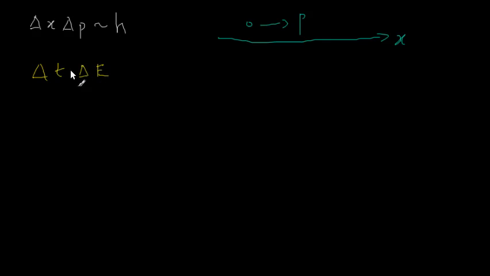So it says that the uncertainty in the time and the uncertainty in energy, when you multiply them together, is of the order of Planck's constant as well. What does this actually refer to?